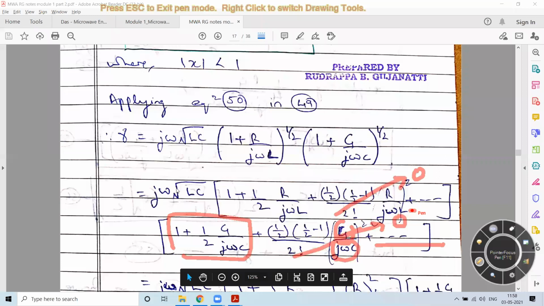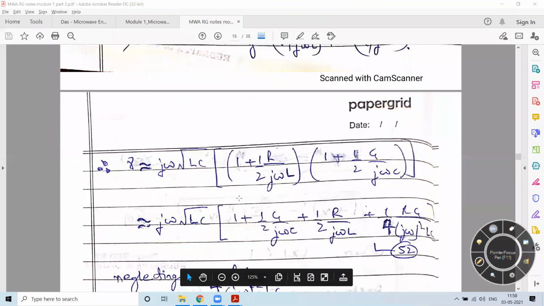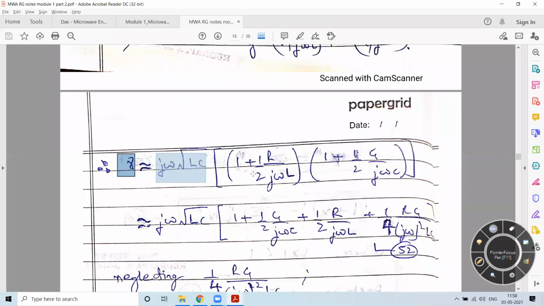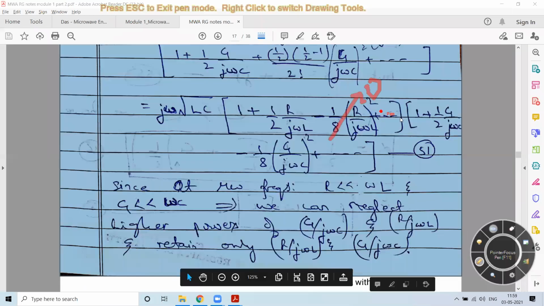So when I make this replacement, I'll be simplifying the equation. Gamma will be nearly equal to j omega into square root of LC, and I have retained only the first two parameters of both the cases, because as we move further, these parameters tend to 0. This one tends to 0, the next one tends to 0, and so on, even for the other parameter.